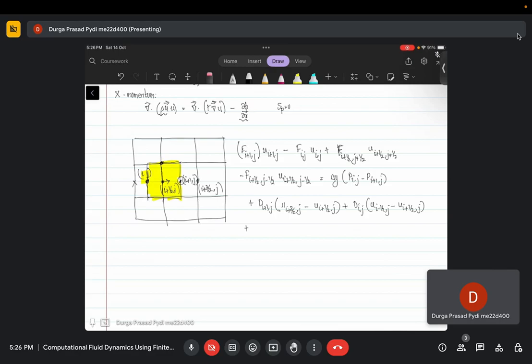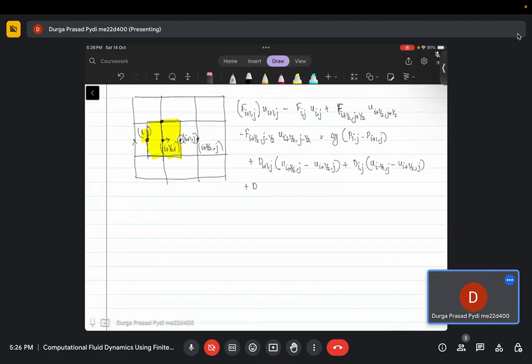Similarly for the north face, this gets a little different. Here you have i plus half, j plus half, times the velocity that should be considered here, which is u with i the same and j incremented by 1. Similarly on the south face, you have i plus half, j minus 1 and i plus half, j.